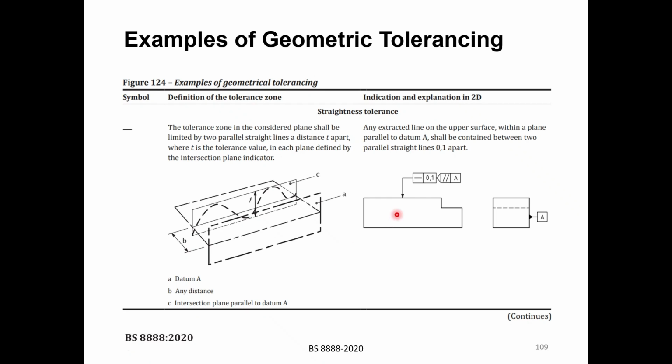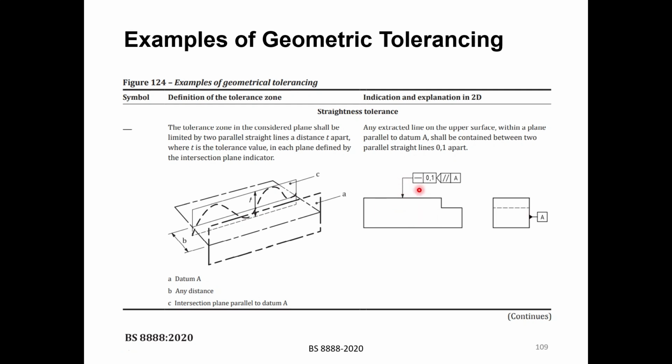So the first feature control frame here is about straightness tolerance. If, for example, in one of the drawings you have seen this symbol, you should be able to understand what it means. First we have this surface here as the datum A, which is the main datum, which obviously is the front surface here, because this is a side view.